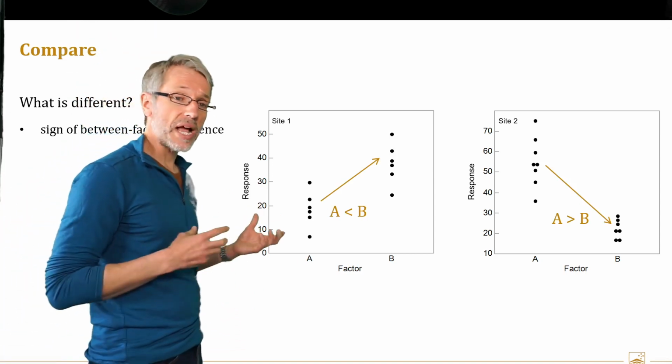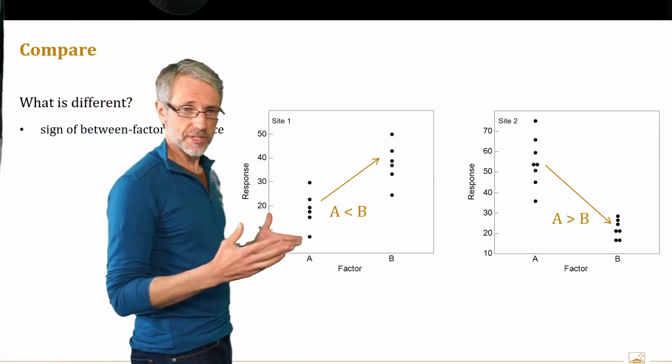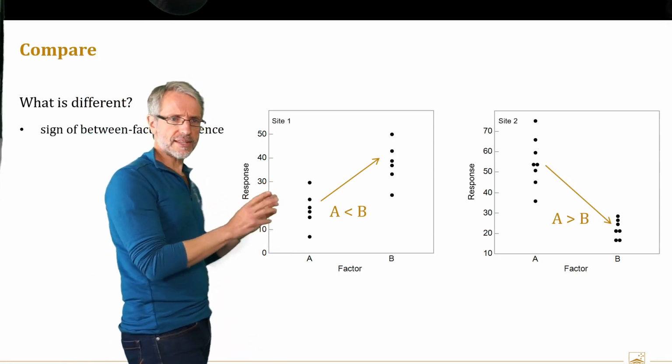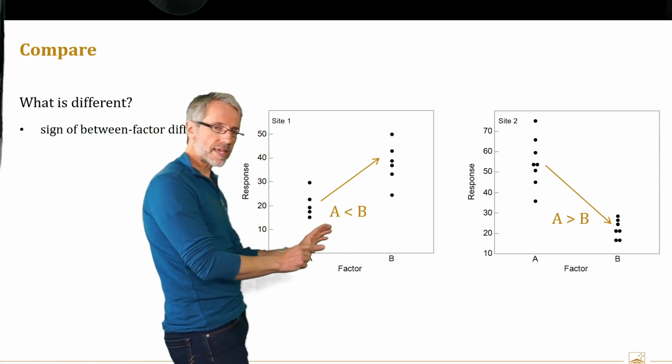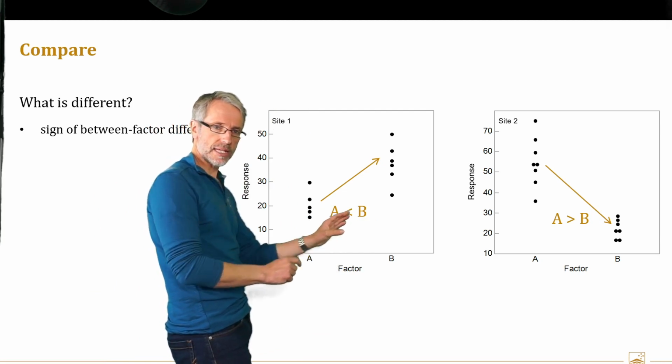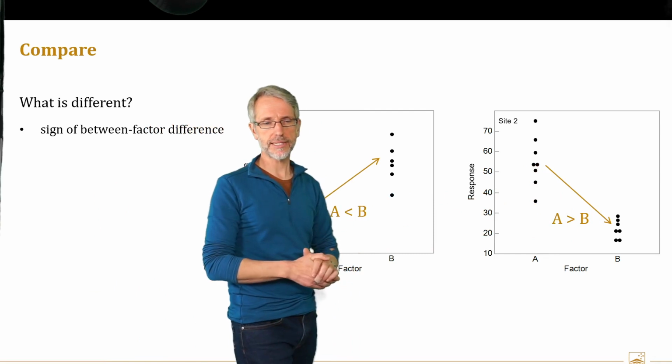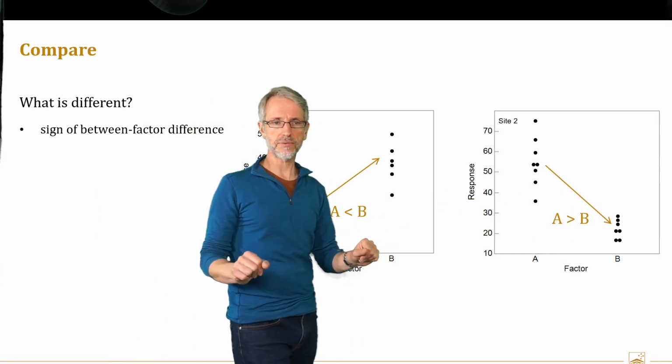Of course, the direction of that difference isn't the same, but that doesn't really matter. We can see that these two are different. Here, at least, A is less than B, and over there, A is greater than B. Sure, that's a difference between these two graphs, all right?